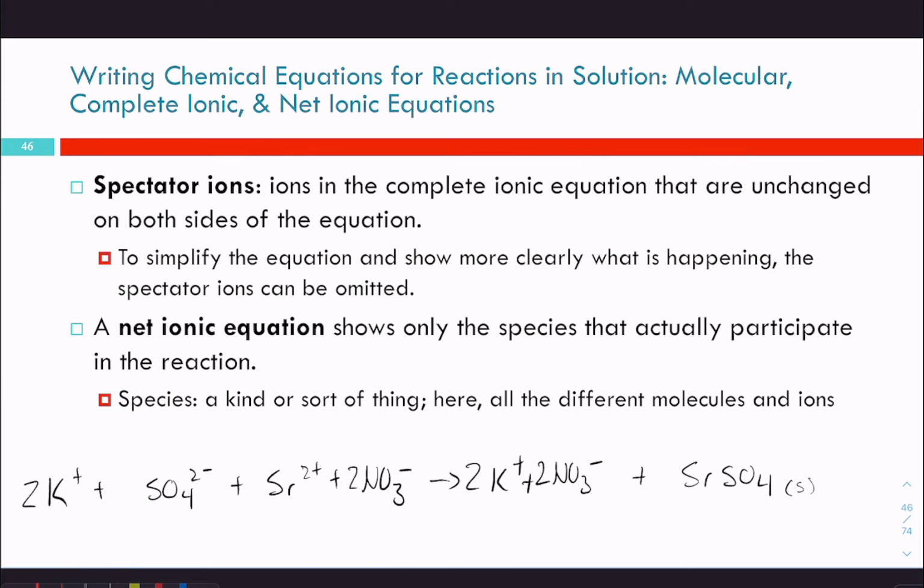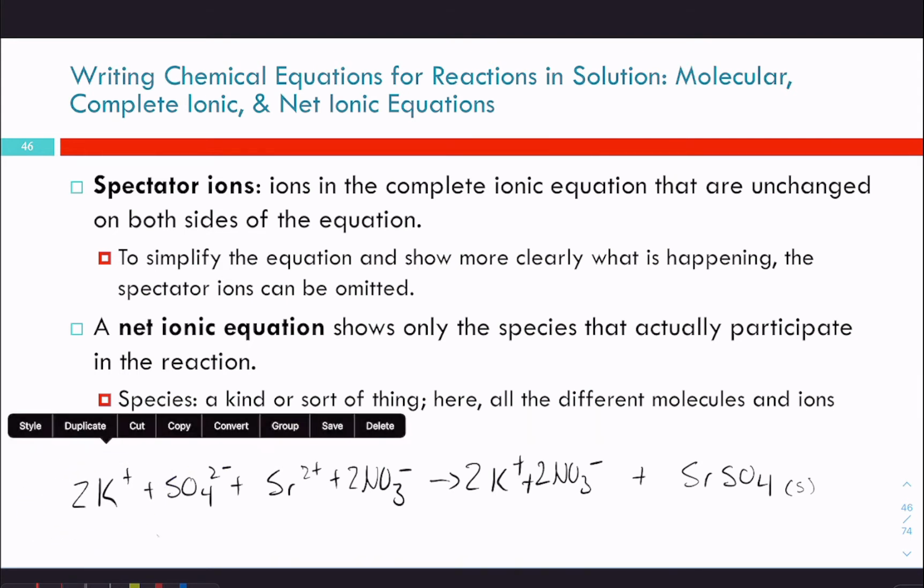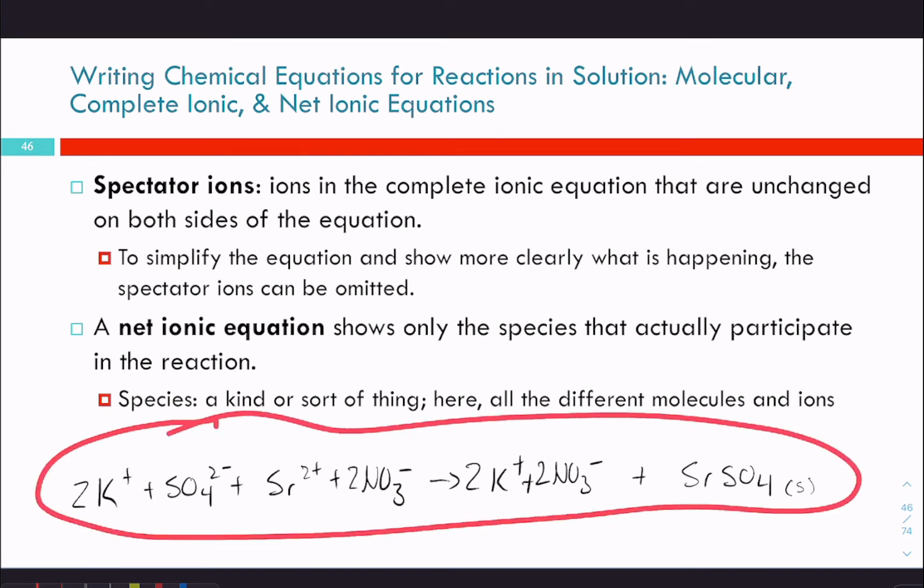So if this is our complete ionic equation, there are a lot of ions here that aren't participating in the reaction at all, right? Like I was saying, if you have a no reaction, you've got all these ions just floating around, not interacting with each other. And that's what's happening here for most of the ions.